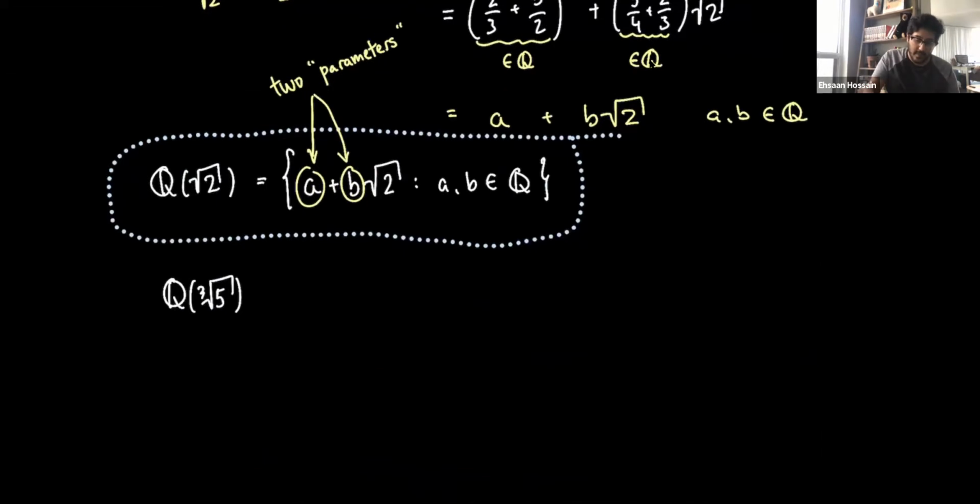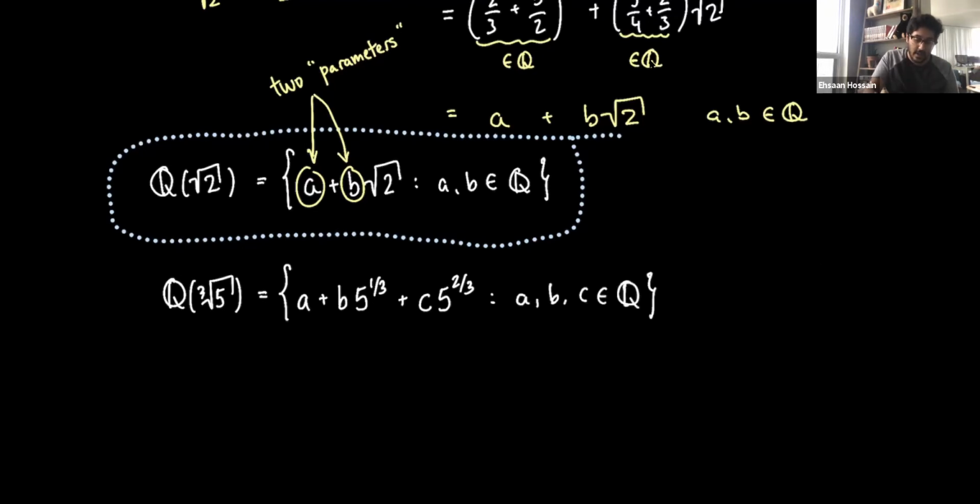You can prove that the smallest field containing Q and the cube root of 5 is this: a plus b times the cube root of 5, plus c times, maybe I can write the cube root of 5 as 5 to the 1/3, and c times 5 to the 2/3, so I square it, where a, b, c are rational numbers.